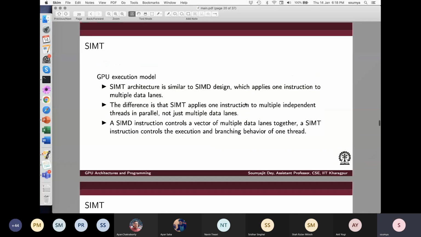Now, let's understand how things happen here. So what is a SIMD, or single instruction multiple data? It means like a vector instruction. For example, instead of add, you can have add.v. So you are adding two vectors in parallel, right? Everybody understood what is an SIMD instruction from the previous slides? Yes, sir.